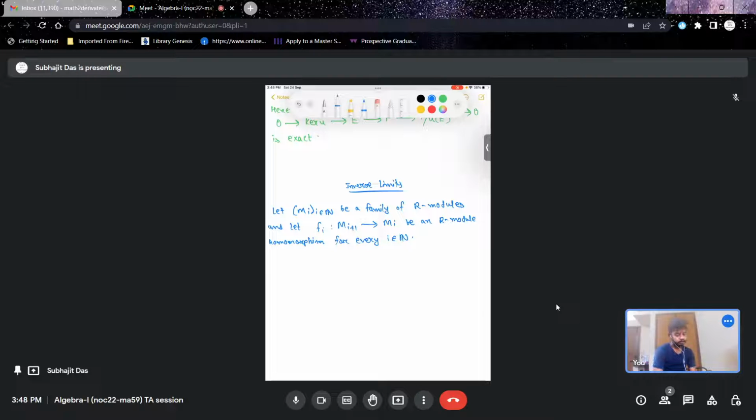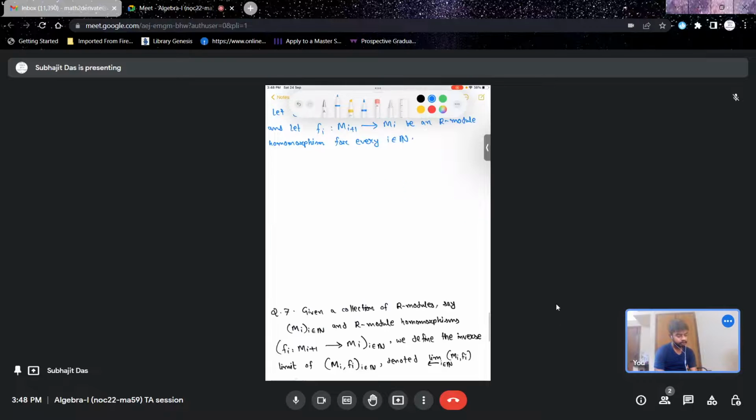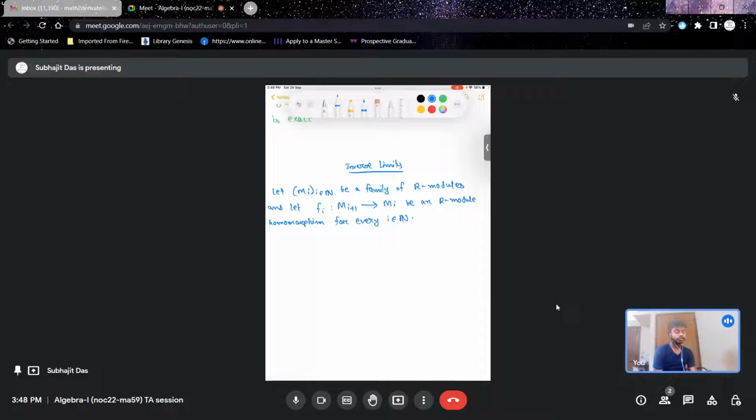Okay. So I guess I have written the notation correctly, right? So we are given this family of modules. So Mi together with fi, i in natural numbers, is called an inverse system of modules indexed by N, which as I said can in fact be any directed set.